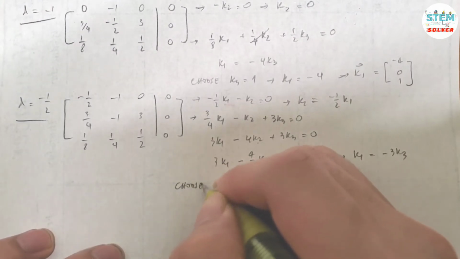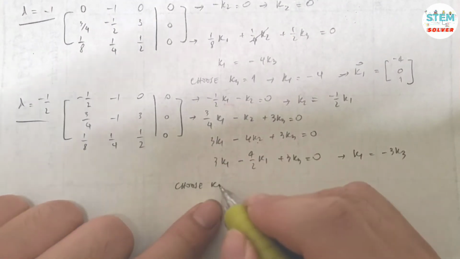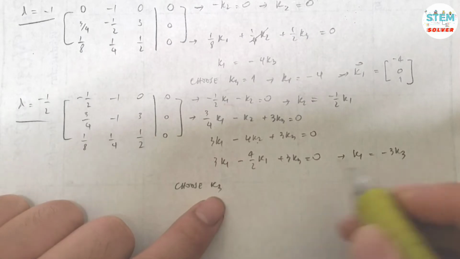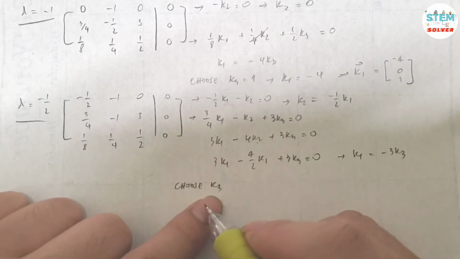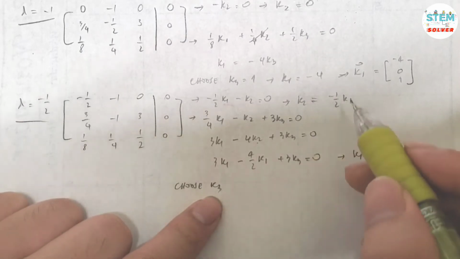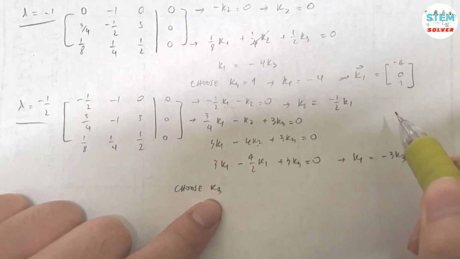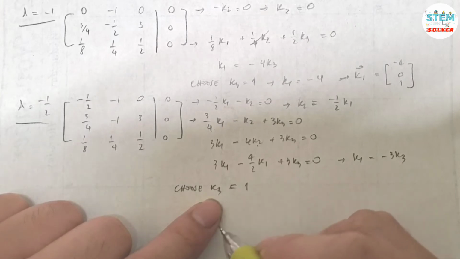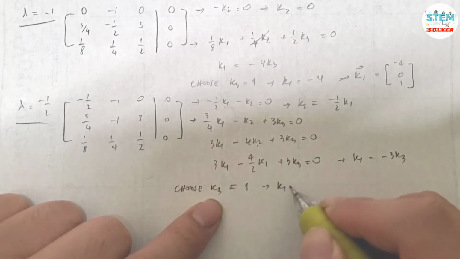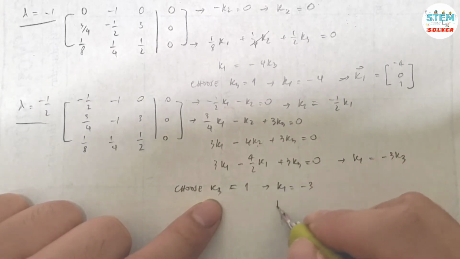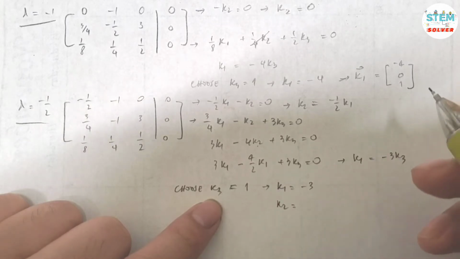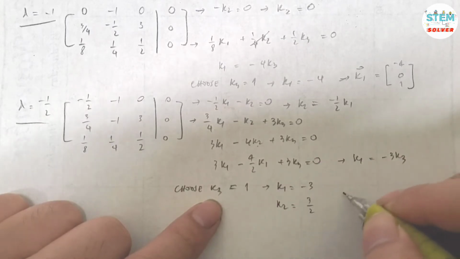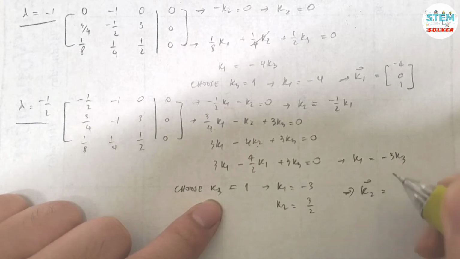Now choose k3 equals 1, then k1 is equal to negative 3, k2 is equal to positive 3 over 2, then my vector k2 is negative 3, 3 over 2, 1.